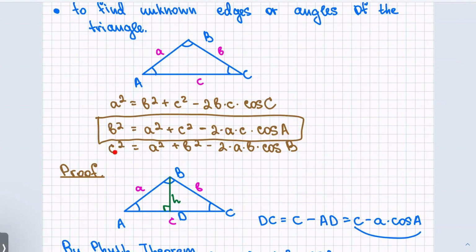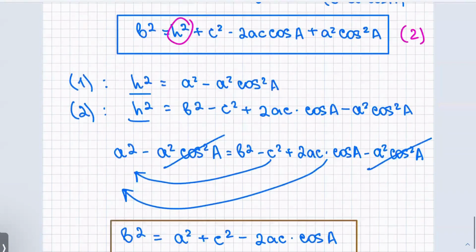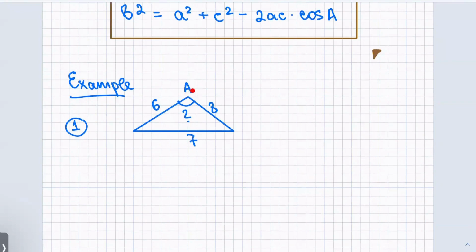If you want to find the side C, you need to know the two other sides A and B and the angle between them, which is B. Also, if you want to find the angle C, you need to know A, B, and C sides. If you want to find the angle A, you need to know B, A, and C sides. If you want to find the angle B, you need to know C, A, and B sides. So in our case, dear students, we want to find the angle A, so we need to have all other three sides to apply the cosine rule.